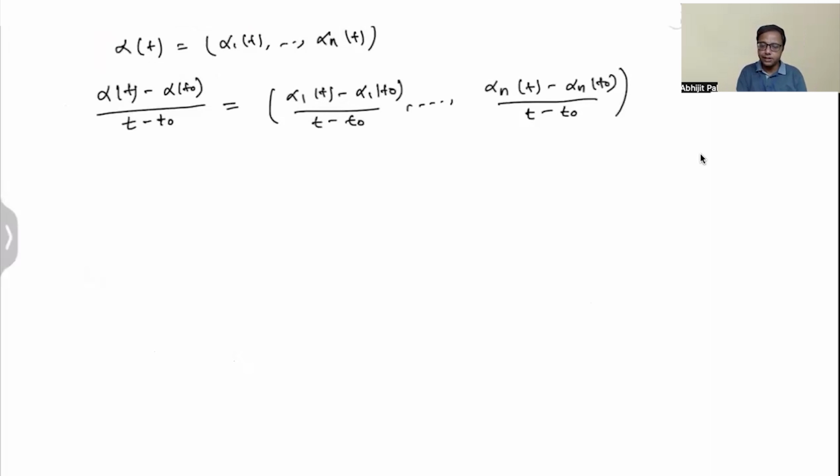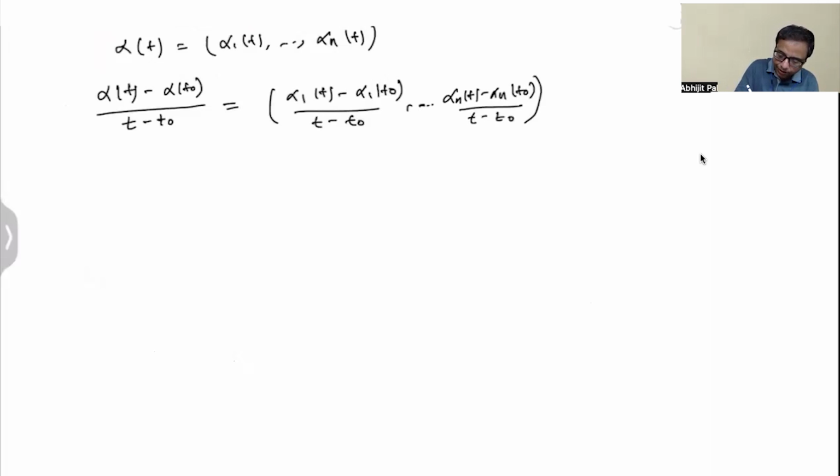So this identity tells that if I take the limit t tends to t naught, and alpha is differentiable, then each alpha i is also differentiable.